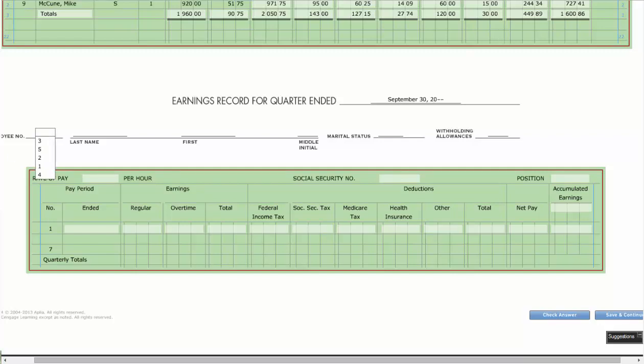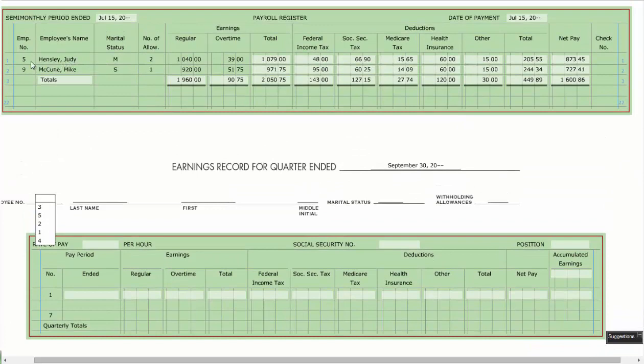Employee earnings record for Miss Hensley. So we go back up on top. Judy Hensley, you can see, is going to be employee number 5. And we're going to put in her last name of Hensley. First name is going to be Judy. And how about middle initial? Did we find anything for that?